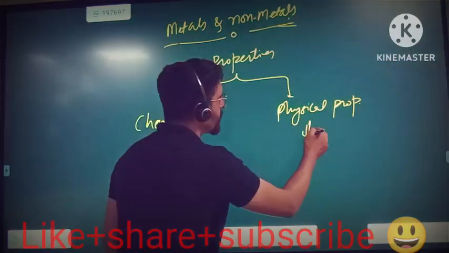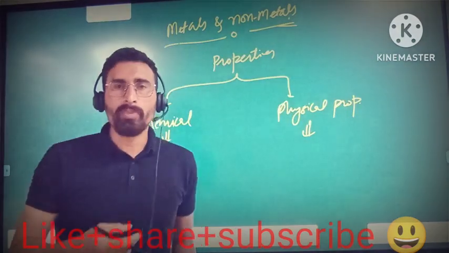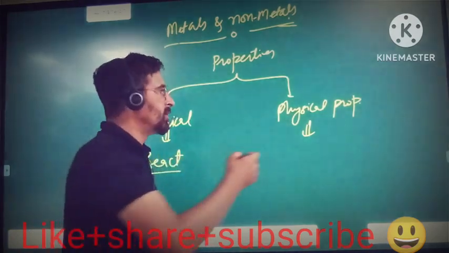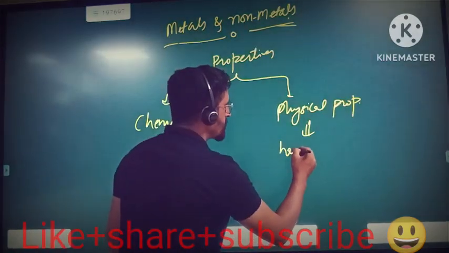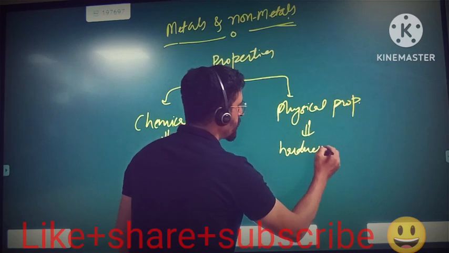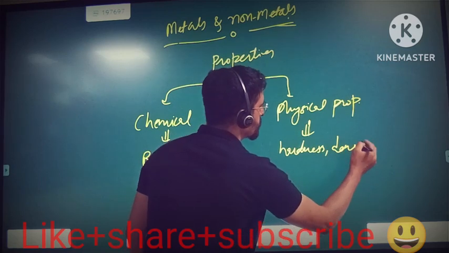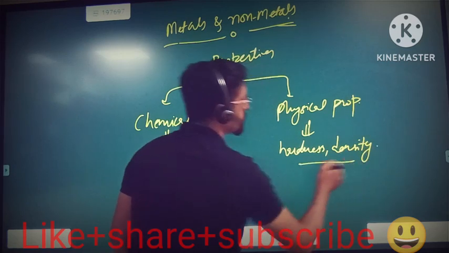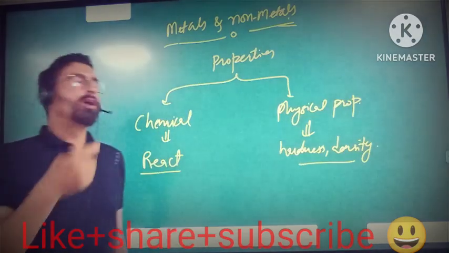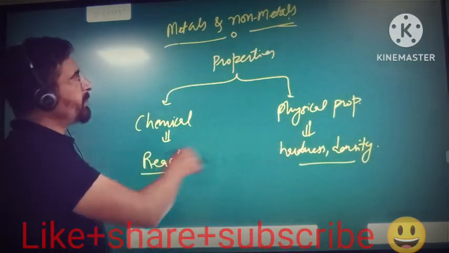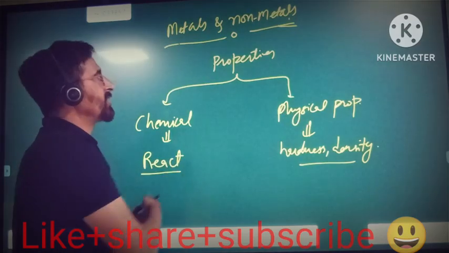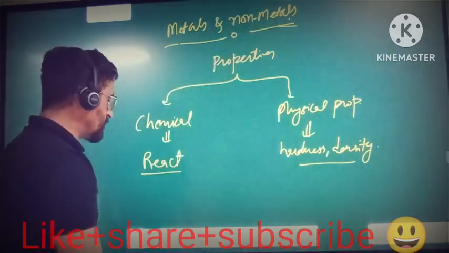What are physical properties? These are those properties which are visible to us. Suppose hardness, density, and so on. Refractive index. Okay, so we will be discussing both of these chemical and physical properties of both metals and non-metals.